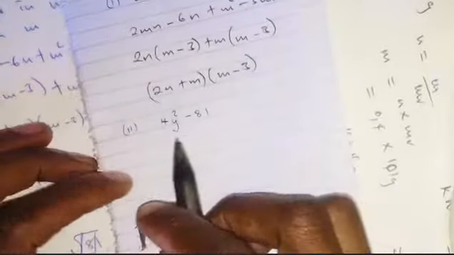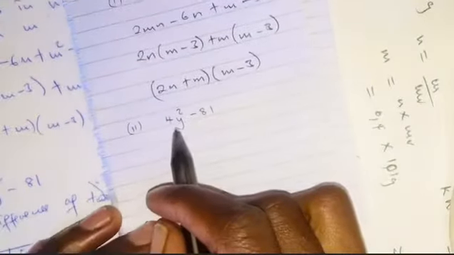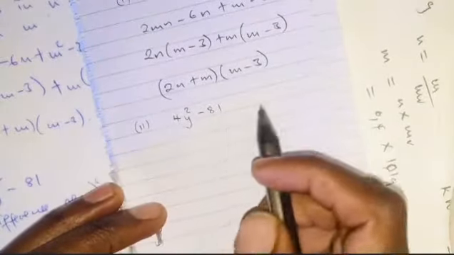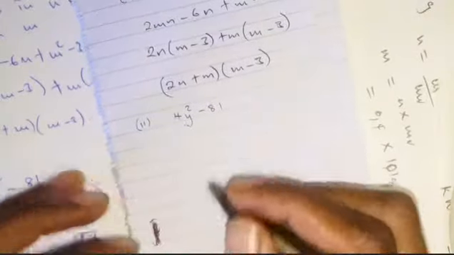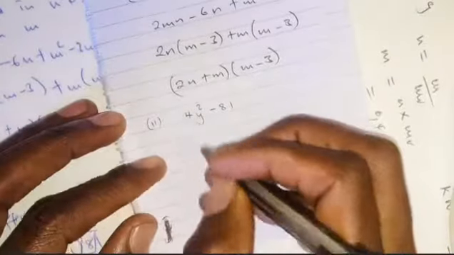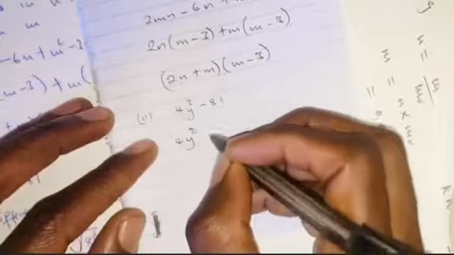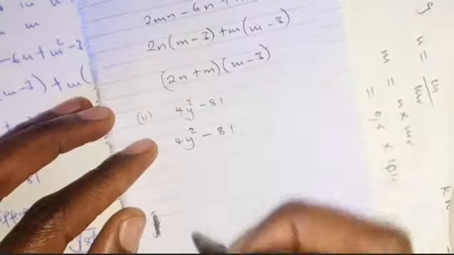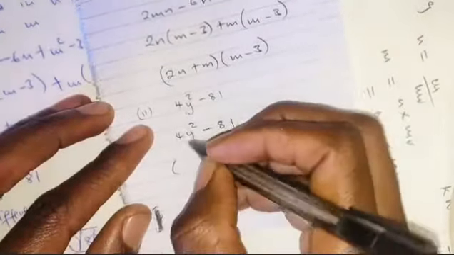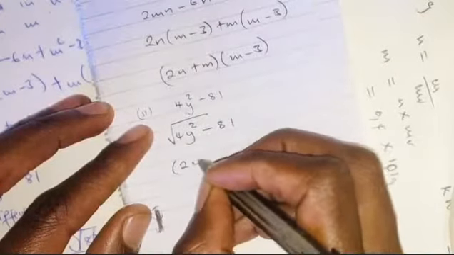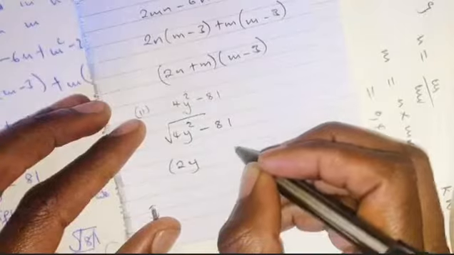Then of course this one, to factorize this one, you just identify that it is the difference of two squares, or rather two squares subtracting each other. So we say the square root of 4y squared minus 81. We open the bracket, then the square root of this one is 2y, close the bracket.